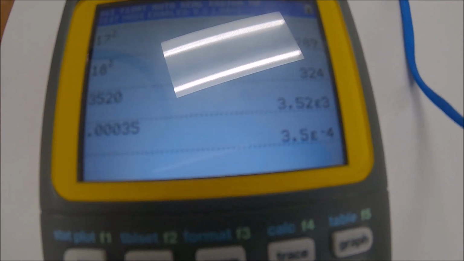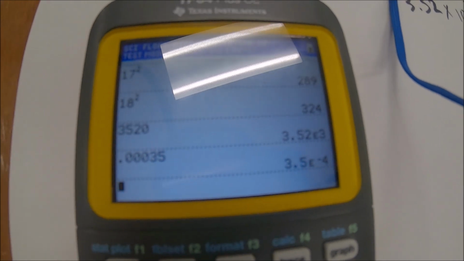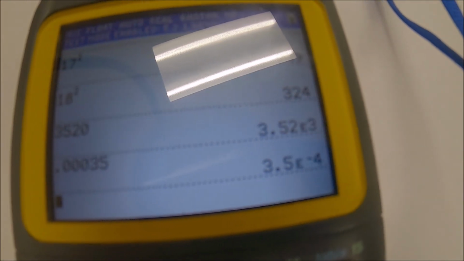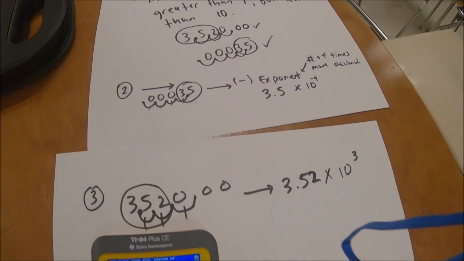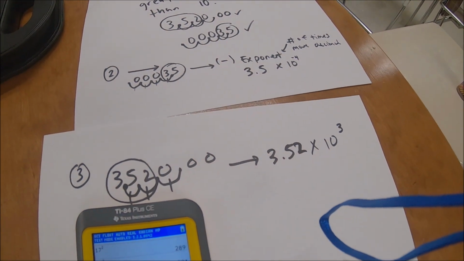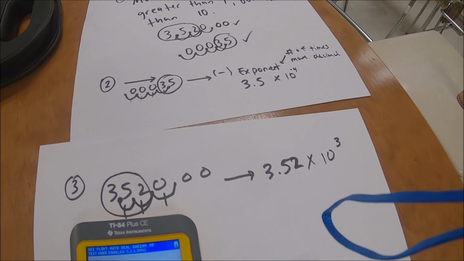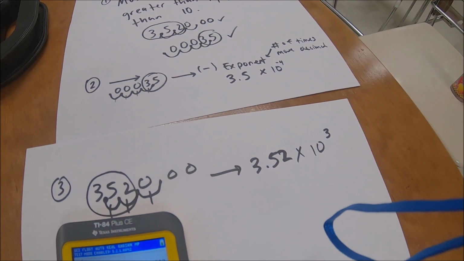Perfect. So now we can go to the left or to the right, get a positive exponent with a large number, get a negative exponent with a very, very small number. Okay? So, following these 3 simple rules, guys, you should be able to do any scientific notation problem that you're faced with.